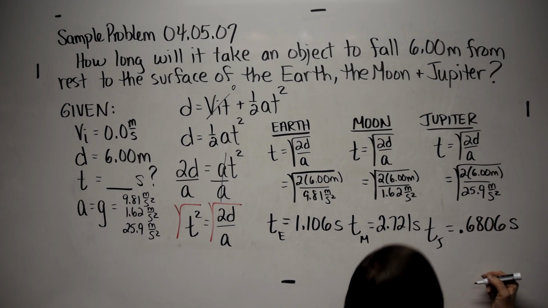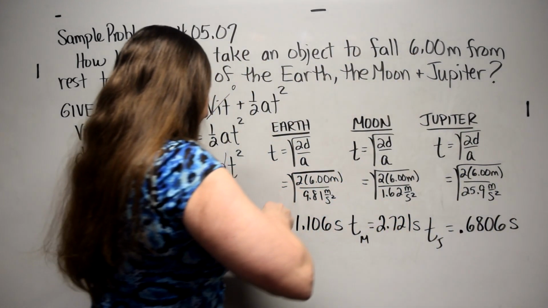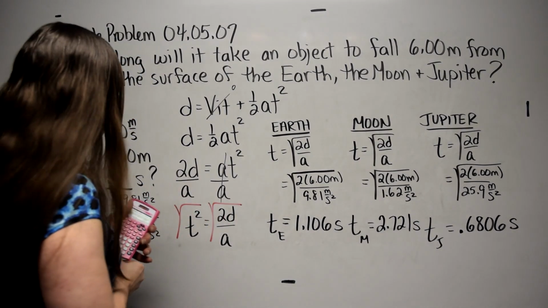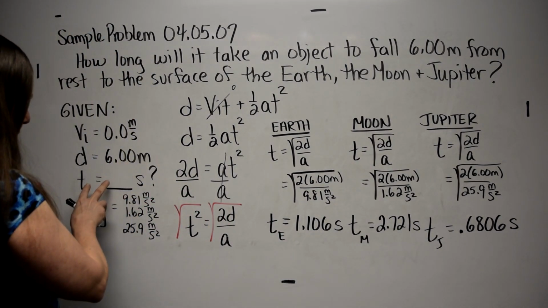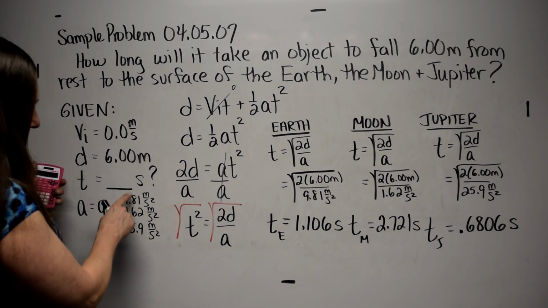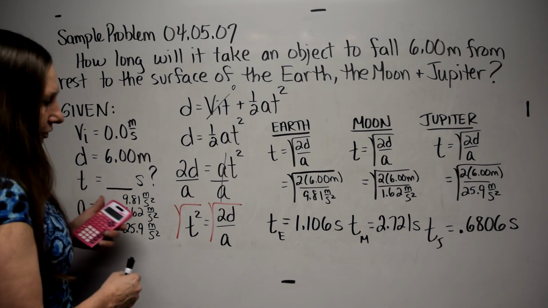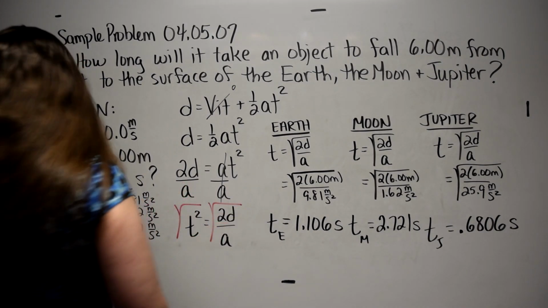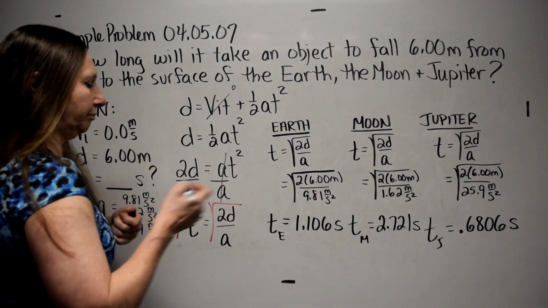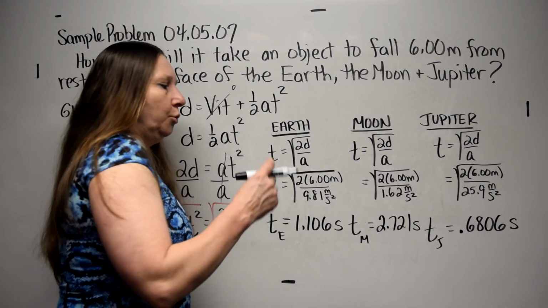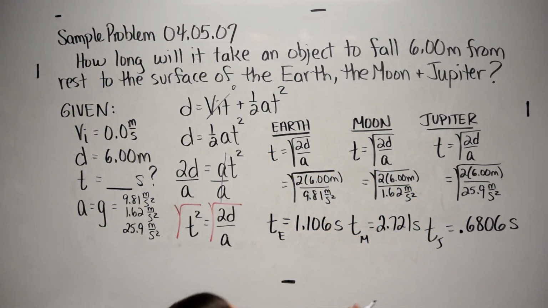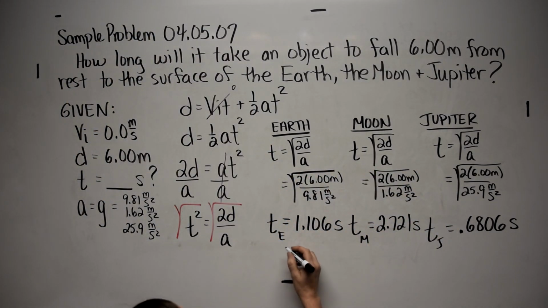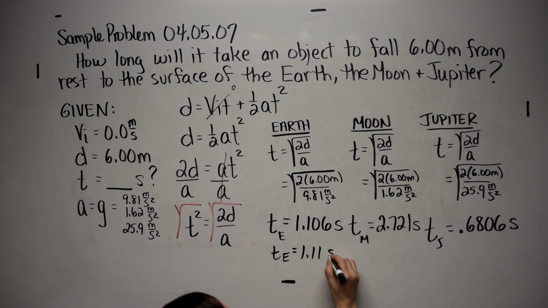0.6806 seconds. Now, of course, we would round all of these answers to 3 significant figures, because that's what we've got here. So the time to hit the ground on Earth, 1.11 seconds.